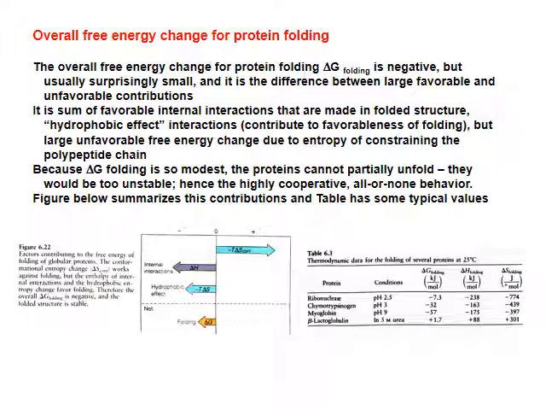So the thermodynamics favors folding, but just enough to keep it stable and to do its job, but easily to completely unfold it and use the protein for other purposes.